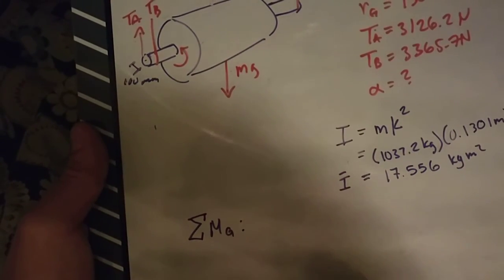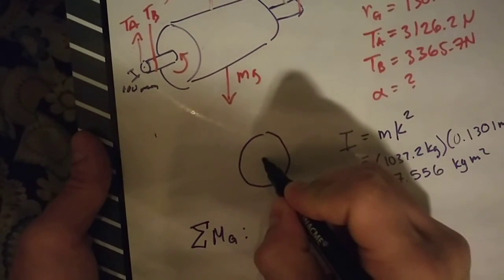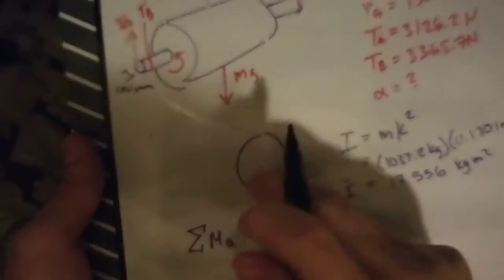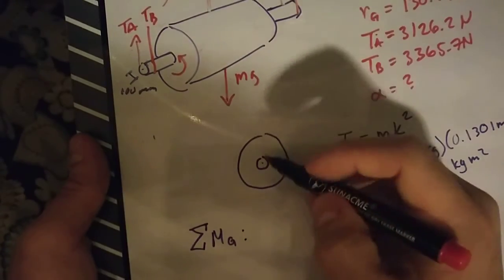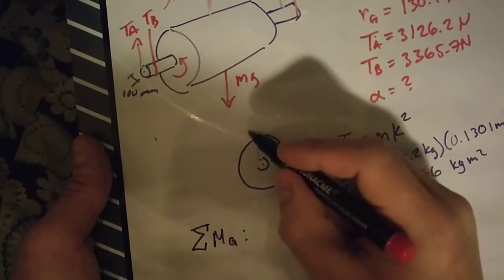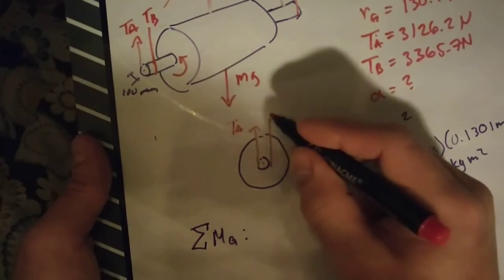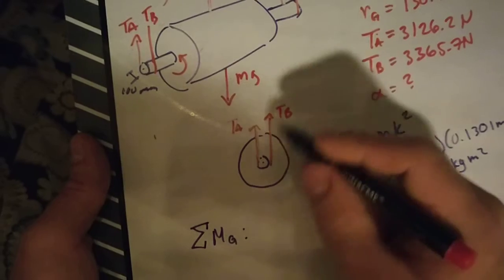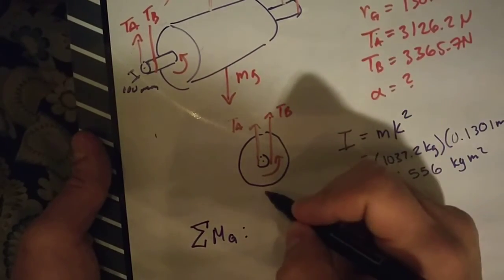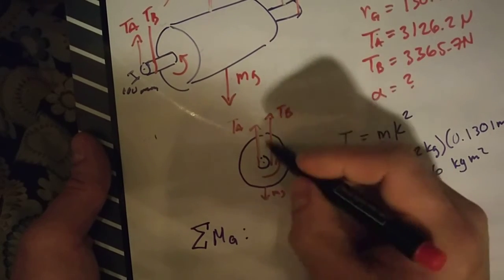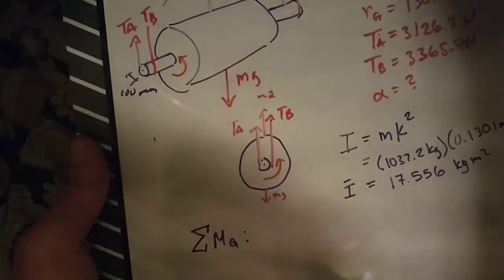So what we're going to have, if we are looking at the body, is tension at A, tension at B, and we are going to have this guy here, and we have mg here, and we have ma in the other direction, whatever it may be.